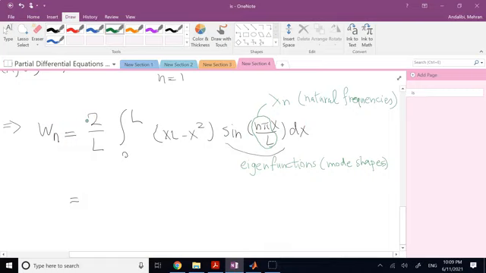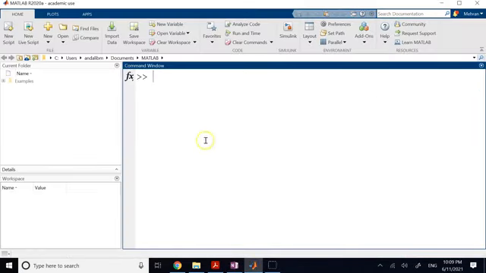Again, I don't want to get into vibrations, but here you can use MATLAB and calculate this. So the parameters we need is n, L, and that's it, right? So here I do a symbolic syms of n and L and x.